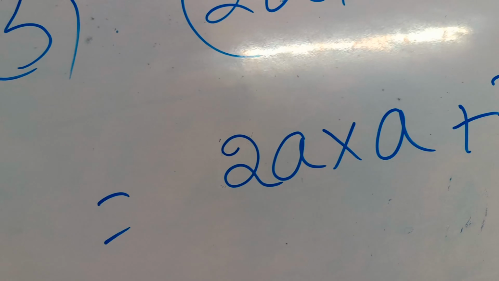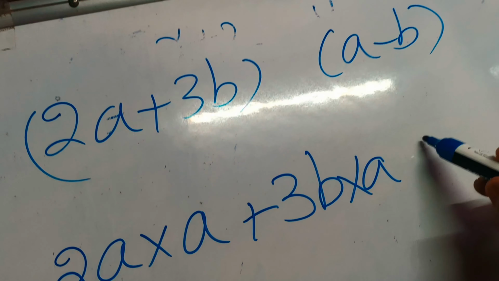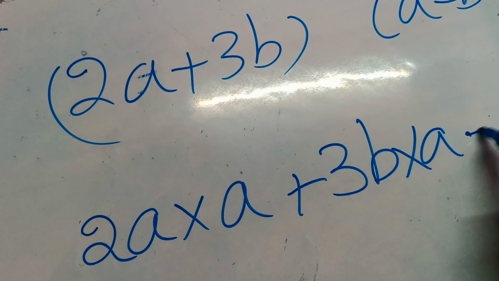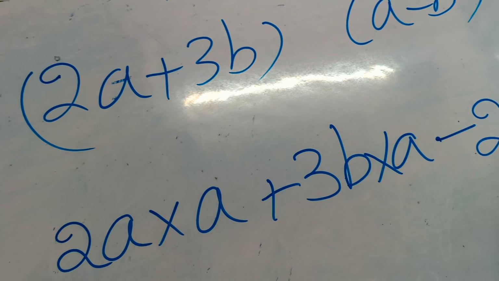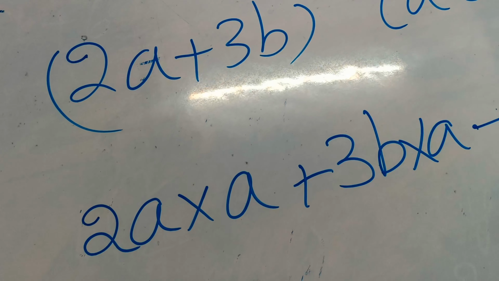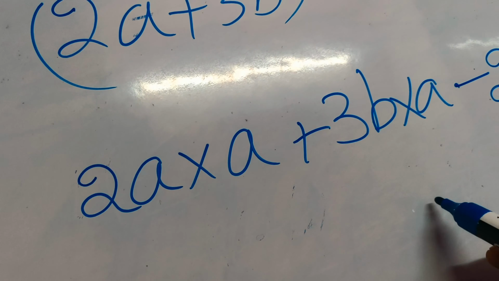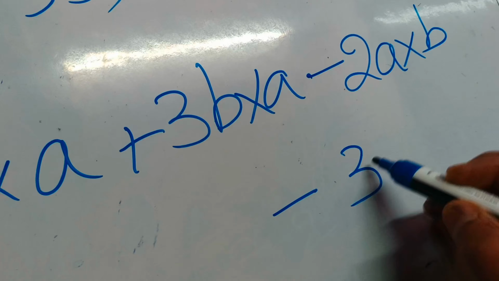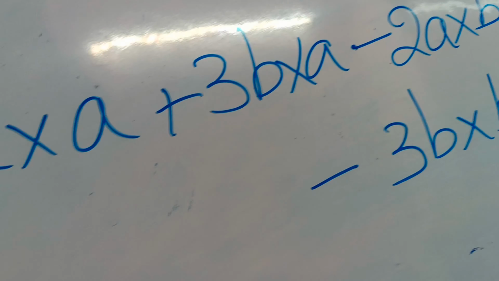Next minus b: minus 2a into b, plus into minus, minus 3b into b.